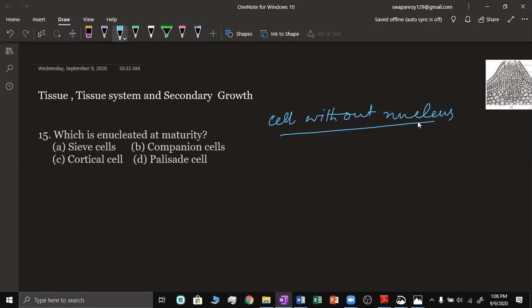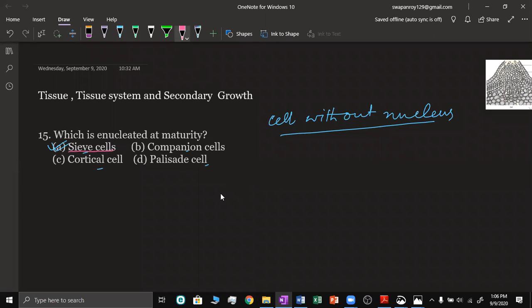Here our options are sieve cells, companion cells, cortical cells, and palisade cells. Out of these, the sieve cells are without nucleus.